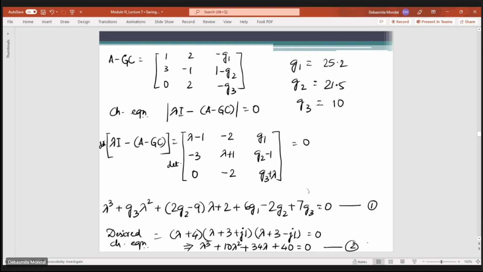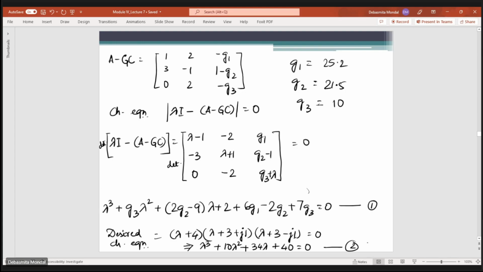The state observer is designed when all the states of your system are not accessible, or you cannot measure all the state variables of your system. In that case we design a state observer. In this case the eigenvalues are given. In some other case, some other criteria could be given, for example you may have to find the value of zeta and omega n.